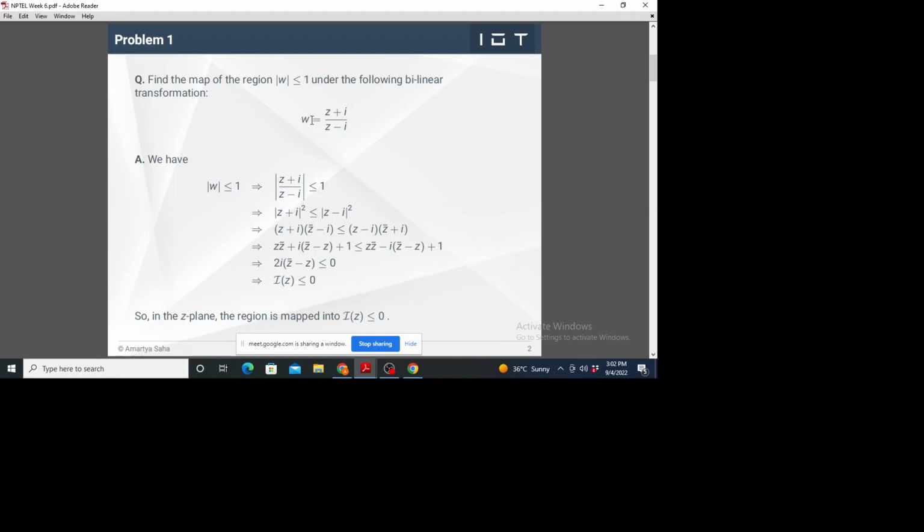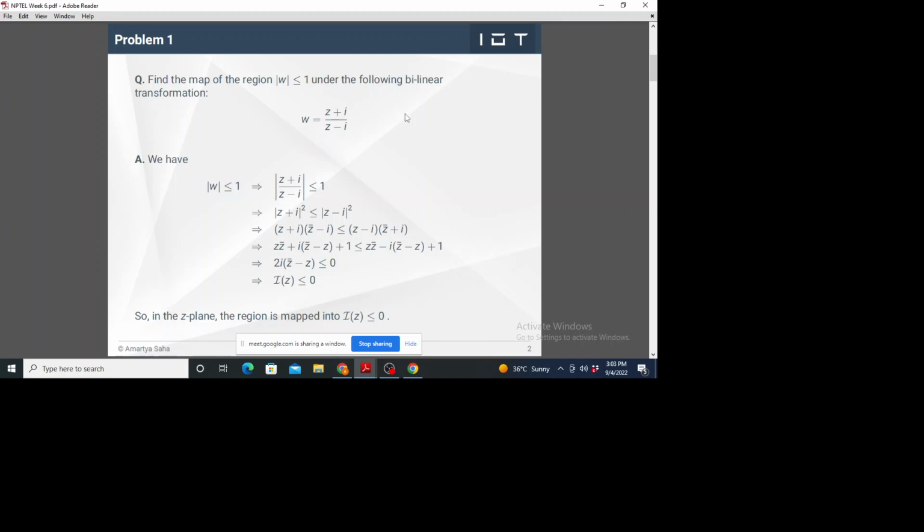The transformation is of the form W equal to F(z), where F(z) is Z plus I divided by Z minus I. We have to find the corresponding region in the Z plane that will map into the interior and boundary of the unit circle in the W plane.